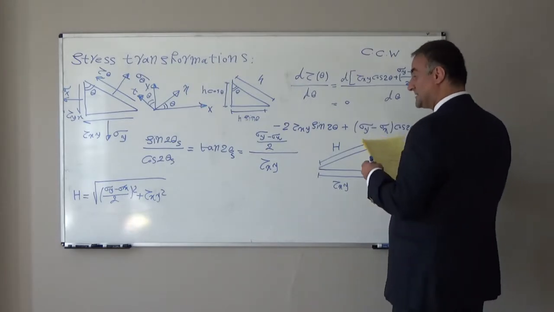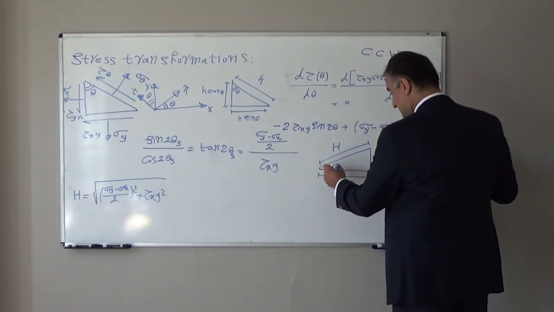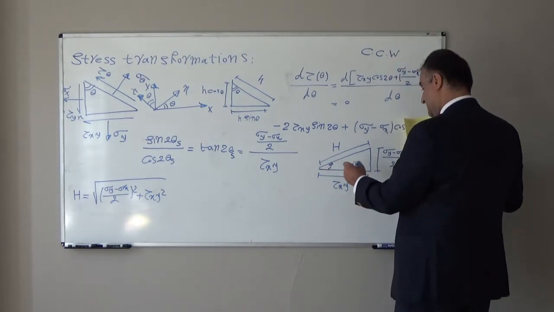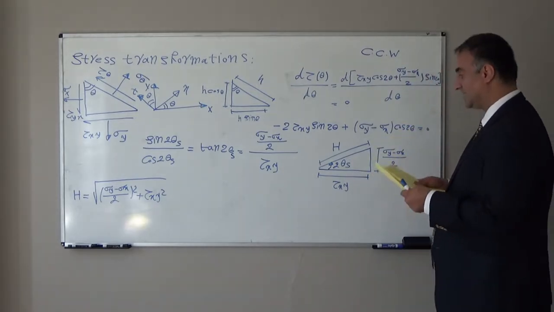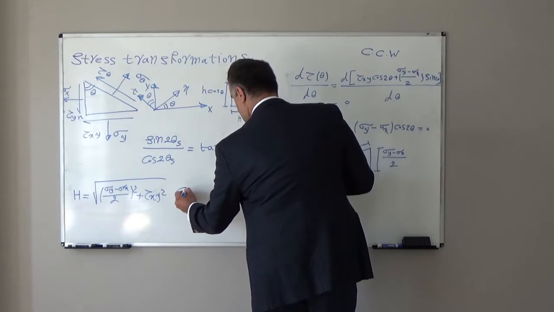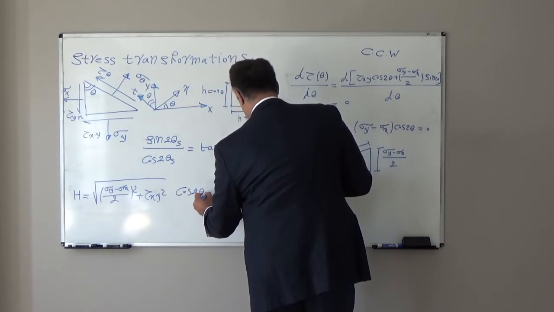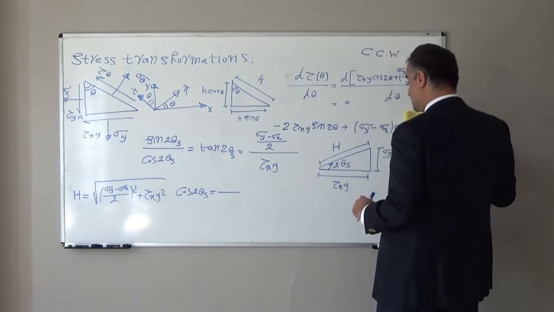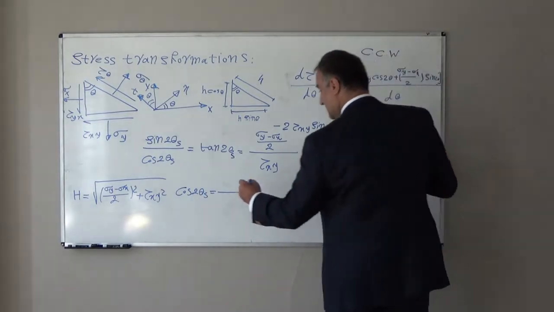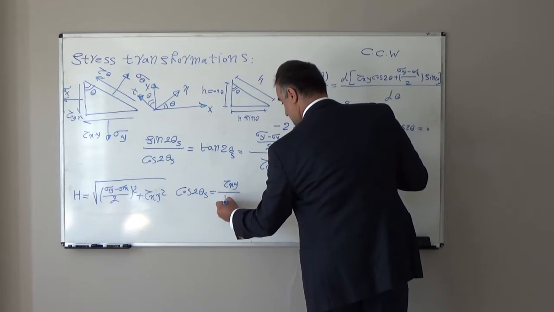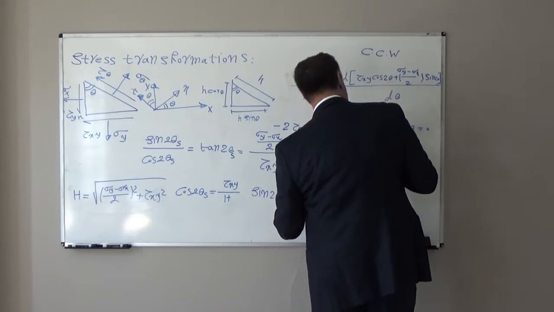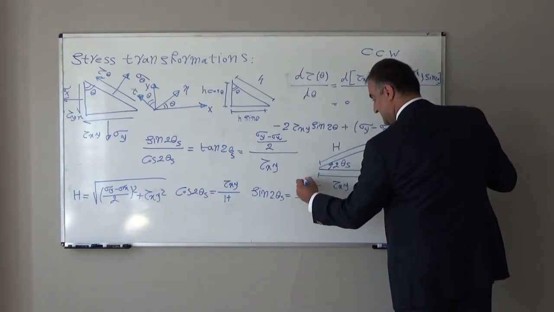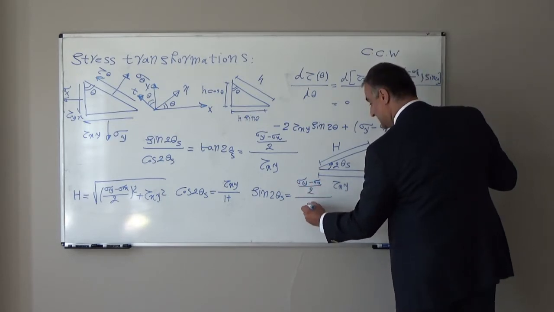And if I call this angle 2 theta s, in that case cosine 2 theta s will be tau xy over H, and sine 2 theta s will be sigma y minus sigma x over 2 divided by H.